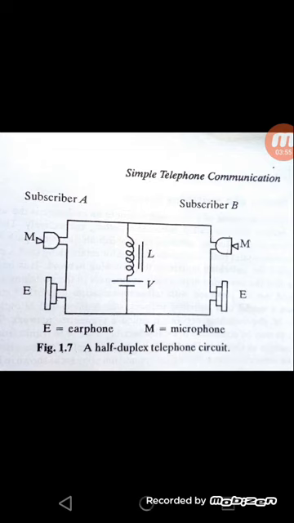So the data communication will be transmitted and exchanged with the help of subscribers. By using subscribers we can easily transmit the information from subscriber A to B, or sender to receiver. This is the second method of simple telephone communication.